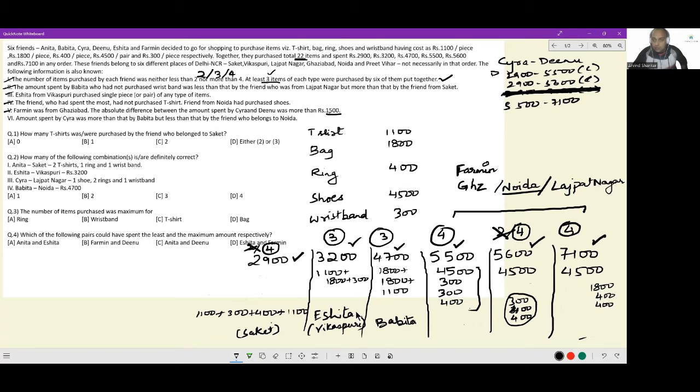This is Dinu, this is Dinu. Saira cannot be 7100, so Saira can be 5500, and therefore Dinu would be 7100. This possibility also exists.